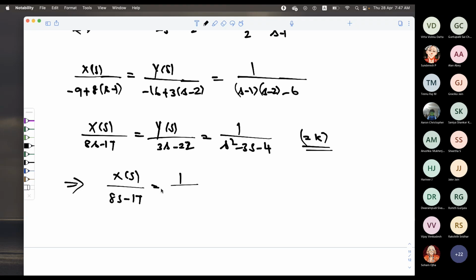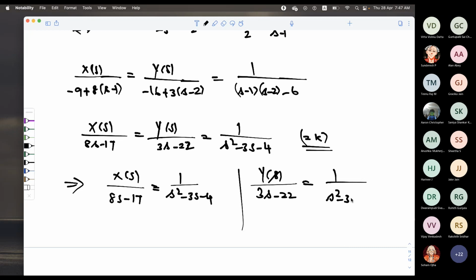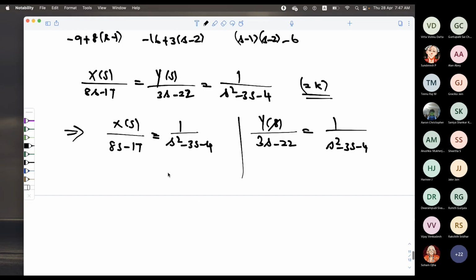Even in our Lagrange's method for PDE, we assumed that this is s square minus 3s minus 4, and Y(s) divided by 3s minus 22, and here we are going to assume 8s minus 17. Yes, this equals 1 divided by s square minus 3s minus 4. Then what about X(s) now? X(s) is (8s minus 17) upon (s square minus 3s minus 4). Is it clear?